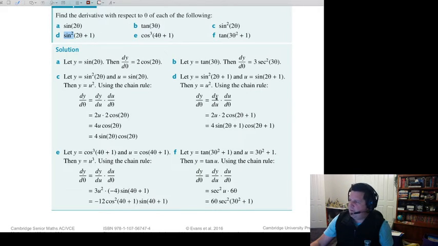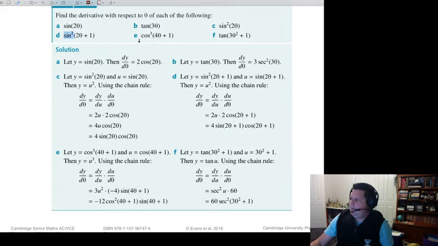So writing each of those out, writing out the chain rule like we did before, the derivative of u to the power of 2 is 2u. The derivative of sine 2 theta plus 1, again that's the k value, it comes out the front. The derivative of sine is cosine, and then obviously this stays the same.